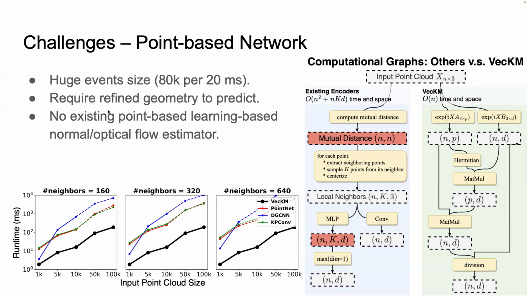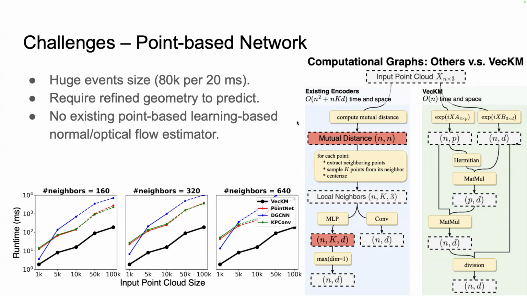If you only downsample to 32 events to estimate the optical flow, it won't work because there's not enough geometric information. Therefore, due to this challenge, there has not been any point-based normal flow or optical flow estimator.